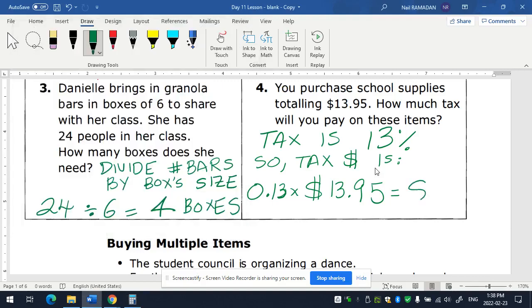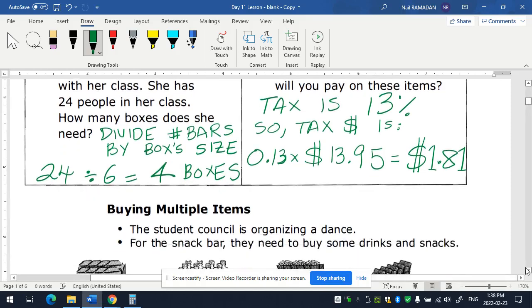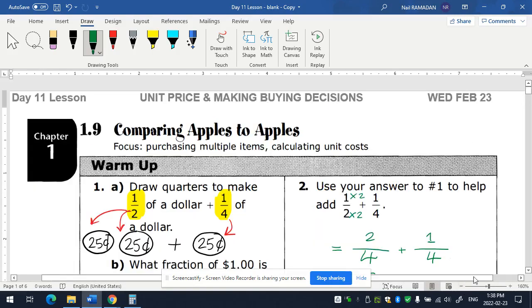No, you're not. Things take time to sink in. 181 cents. So obviously, if the question wanted full price, you're one step away from that. Just add the retail price to the tax. Okay. All right. So far, just basic revision of kind of what we did yesterday and the day before.